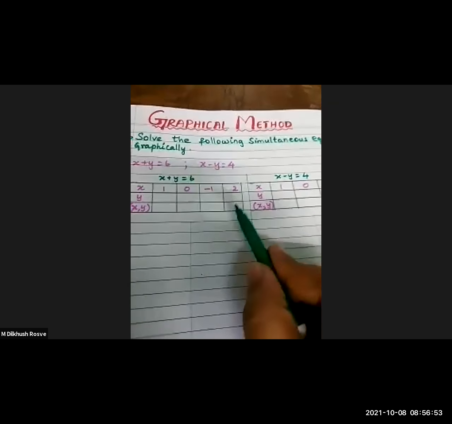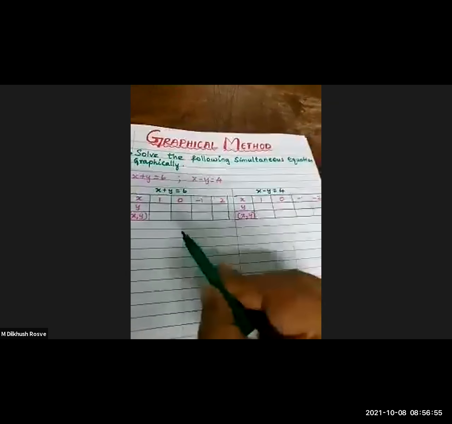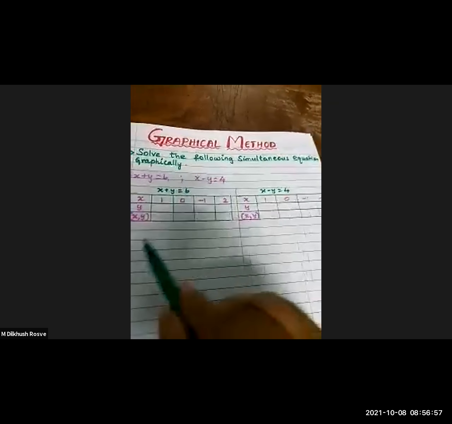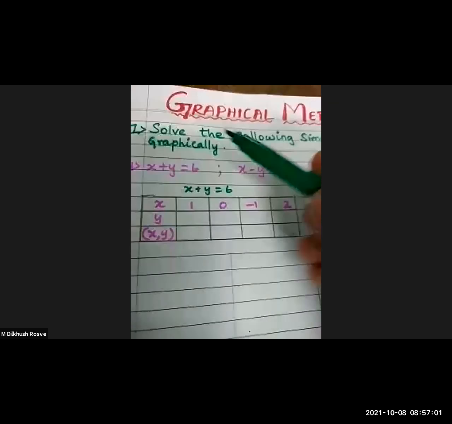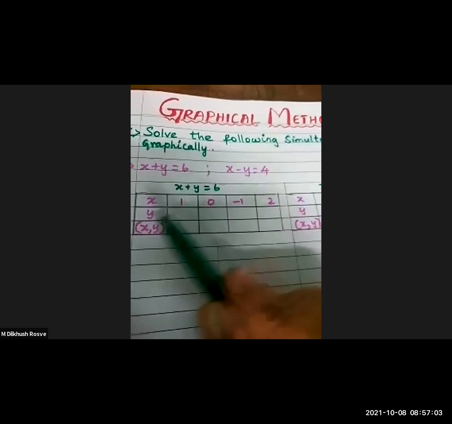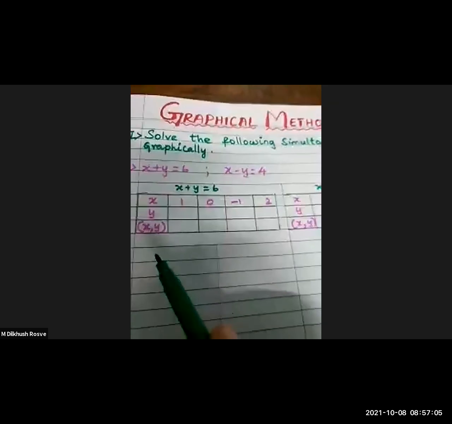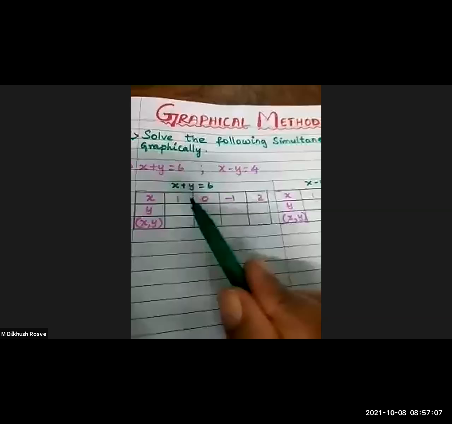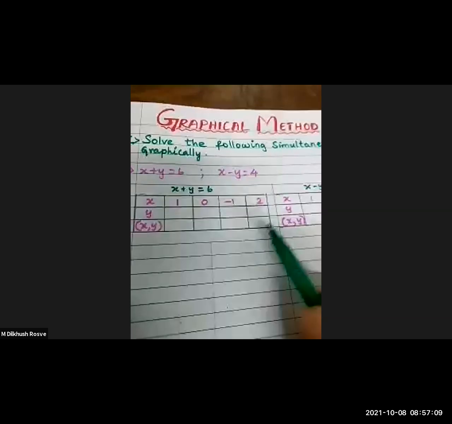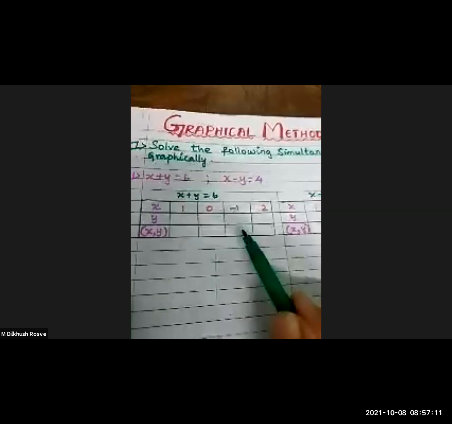Okay. So now you see, I have drawn a table over here. This type of table we have solved in 1-mark questions. See, first for the first equation, I have drawn this table. 4 coordinates I am supposed to find. 3 also you can find, no problem.